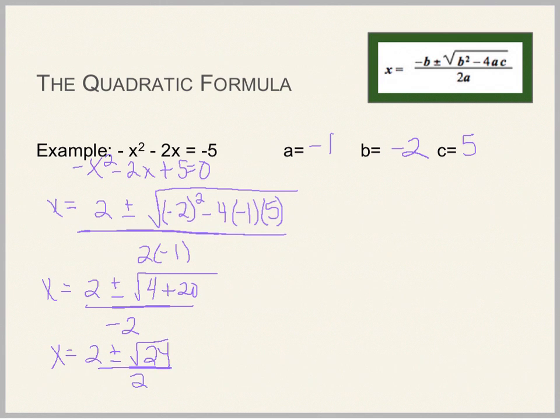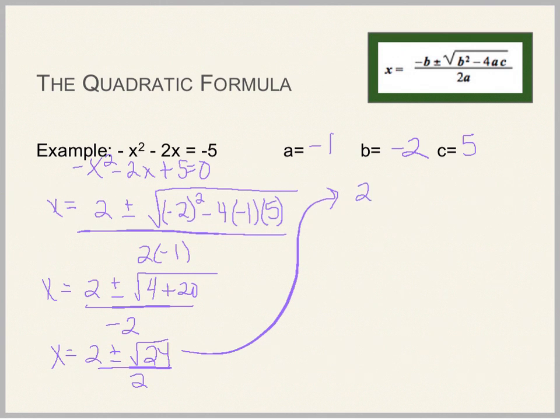In this instance, the square root of 24 is not easily solved, and so we could not factor this one as easily as we did other equations. X equals 2 plus or minus the square root of 24 over 2 is an acceptable answer, but not yet completely simplified, because we can recognize the square root of 24 as the square root of 4 times 6.